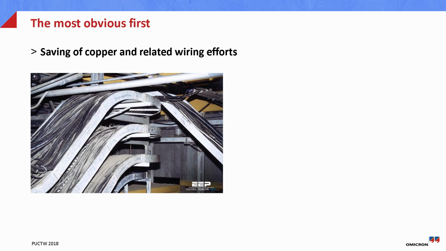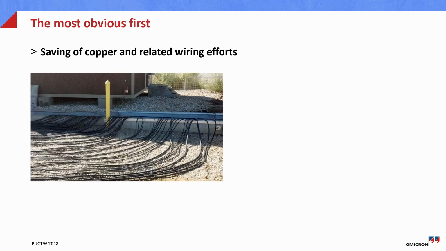So the whole bunch of cables come into the relay house or the control room of the substation, maybe like this. And even if you try to do it nicely before you put it into the ground, I still have no other word than saying this is a mess.